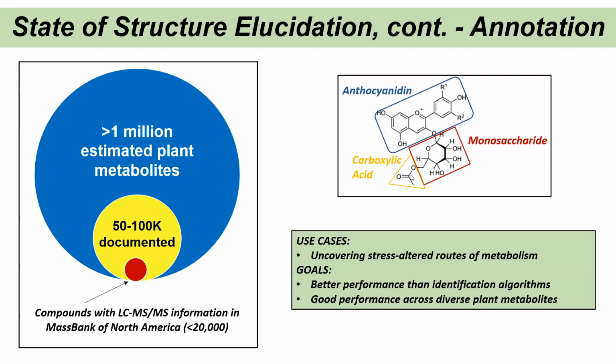Although such an algorithm does not identify the metabolite, it can still be quite useful for uncovering stress-altered routes of metabolism. When we started to create such an algorithm, our goals were to achieve better performance in classification than identification algorithms, and also we particularly wanted good performance across diverse plant metabolites.